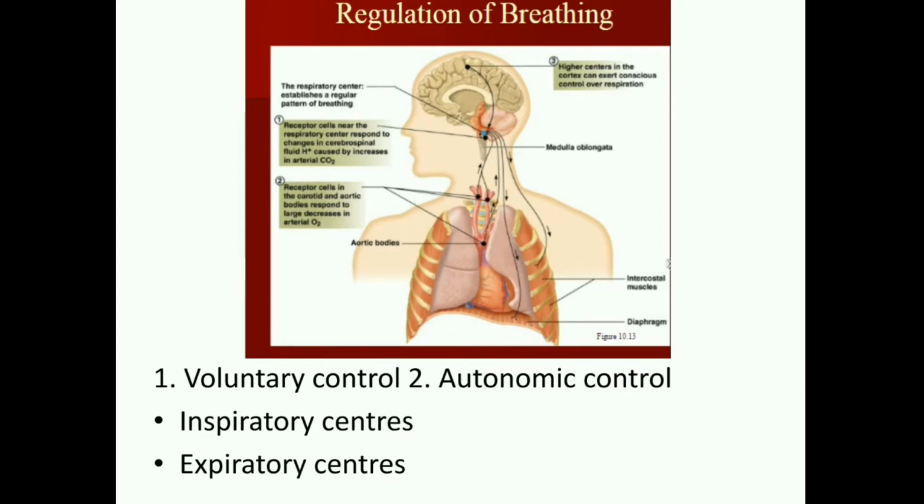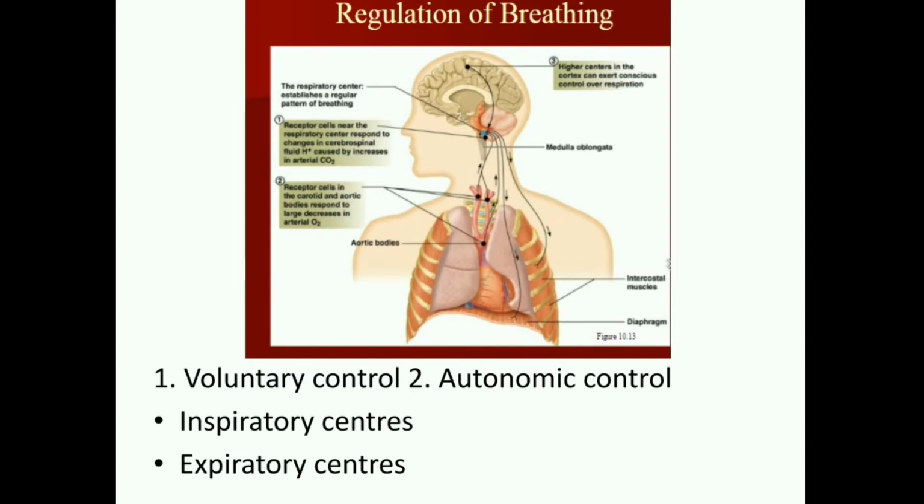As we can see here in the diagram, the first point is receptor cells near the respiratory center that respond to changes in cerebrospinal fluid H plus, caused by increases in arterial carbon dioxide. And second, receptor cells in the carotid and aortic bodies that respond to large decreases in arterial oxygen.